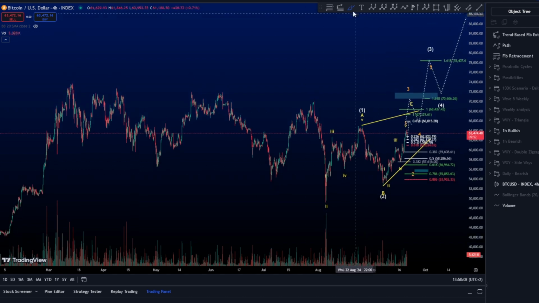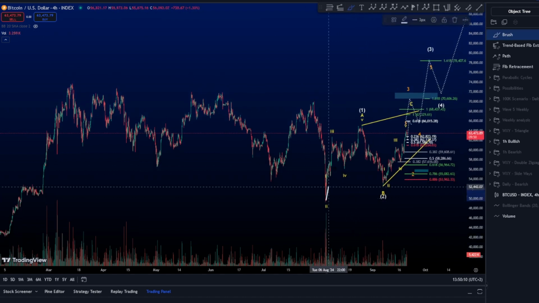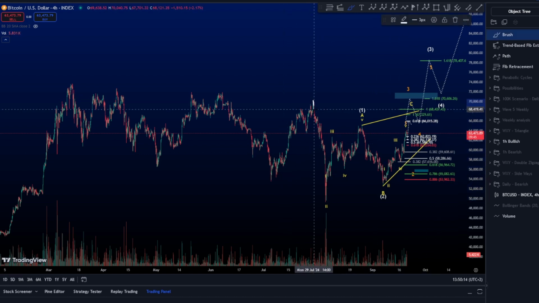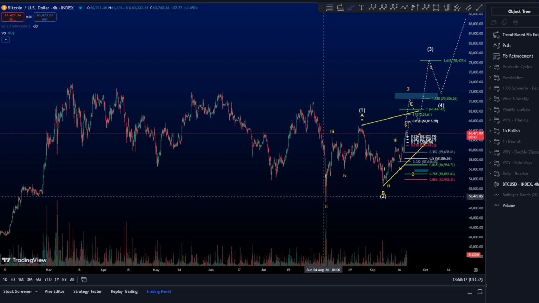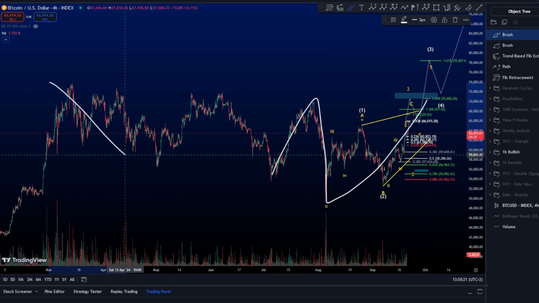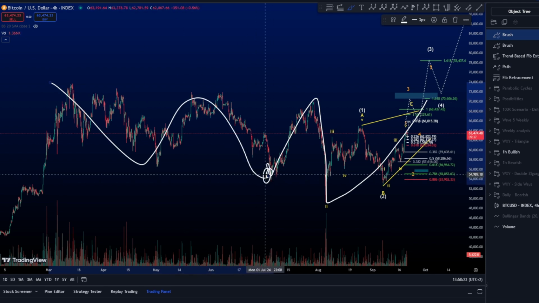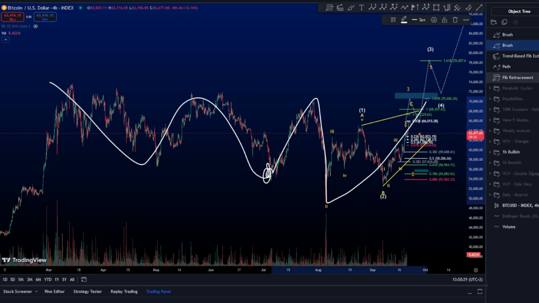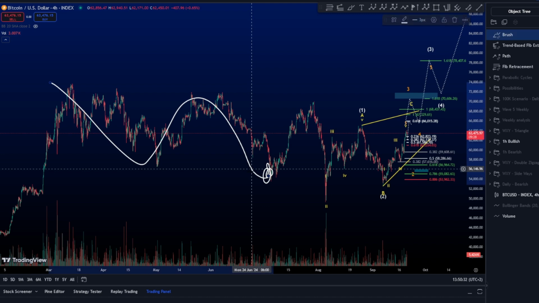This fib level is taken from this one here, the extending flat as A, B, and a C, after having a zigzag, that's why we started from here. So ABC reaching the 1.618, and then of course going down, right?